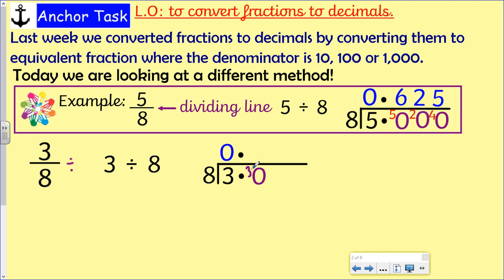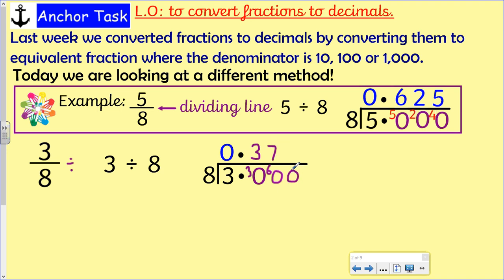So how many 8s are there in 30? So 8 times 3 is 24. That gives me a remainder of 6. 24 to 30 is 6. So it's not just 6 though. It's actually 60 hundredths, place value. How many 8s are in 60? 8 times 7 is 56.